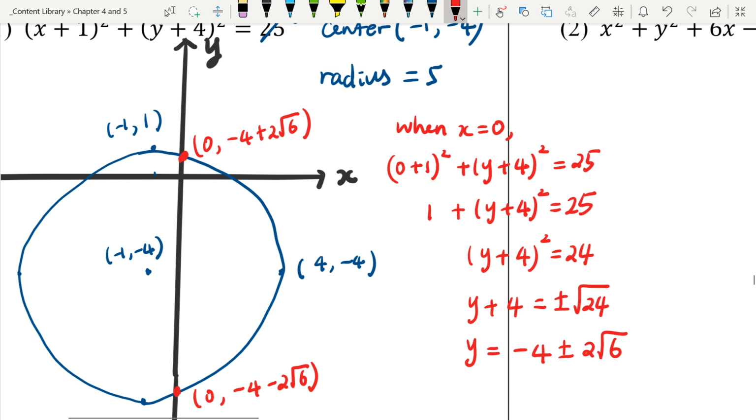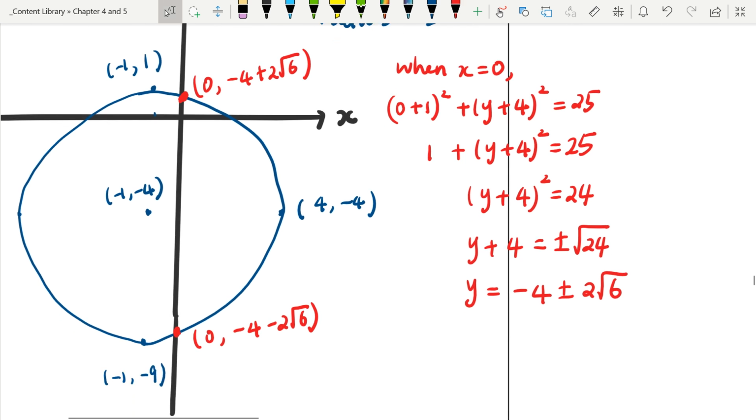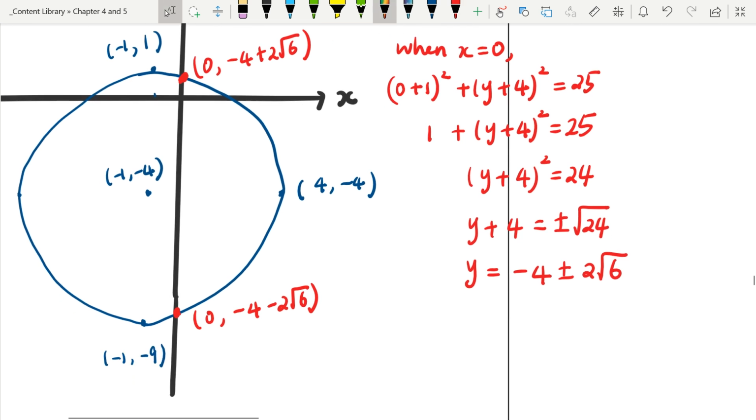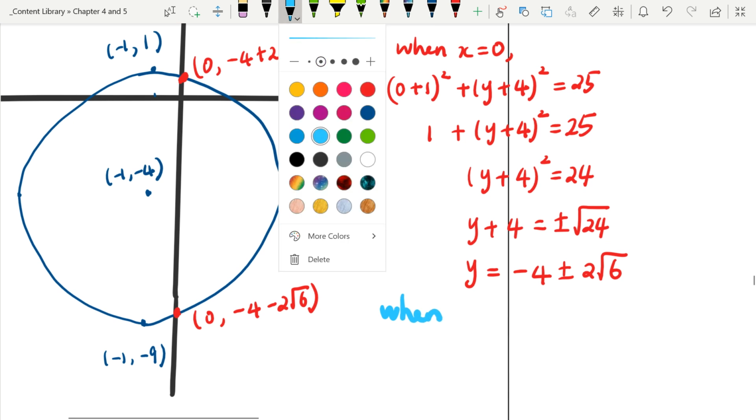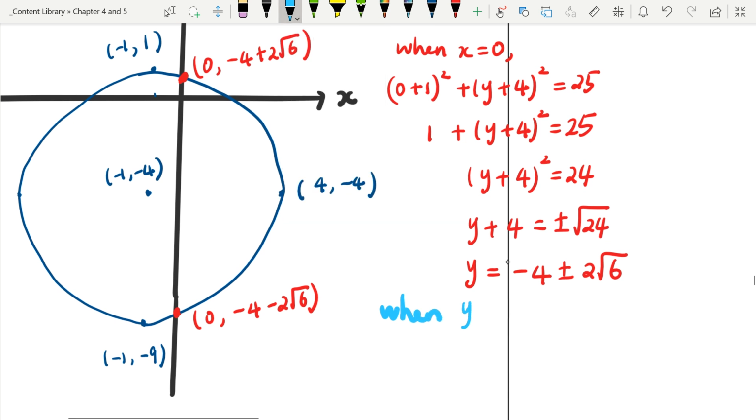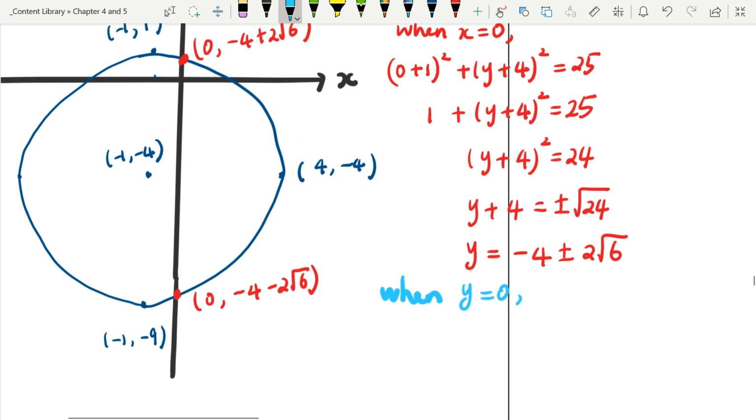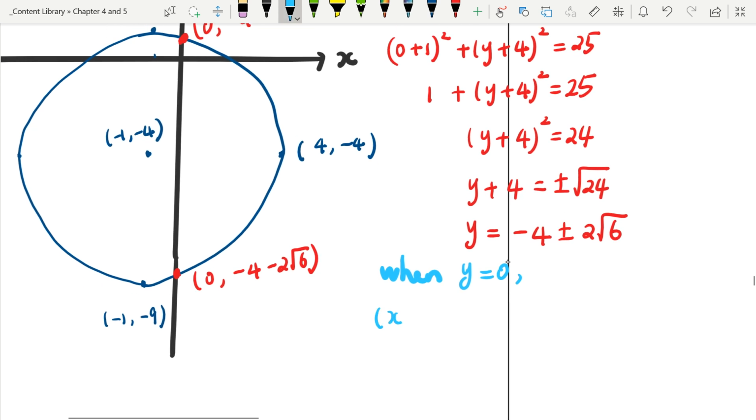And we can use the same way to solve the x-intercepts. So we make y equals to 0. Okay, when y equals to 0, we have x plus 1 squared plus 0 plus 4 squared equals to 25.